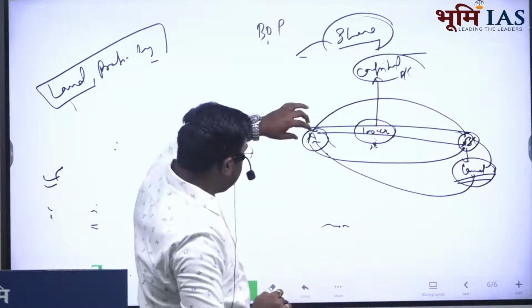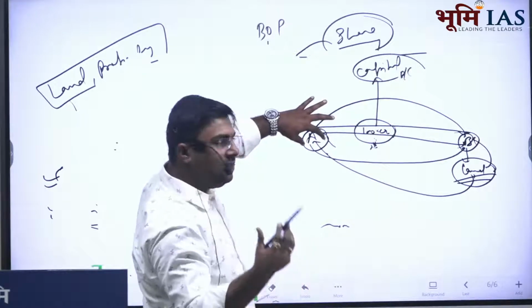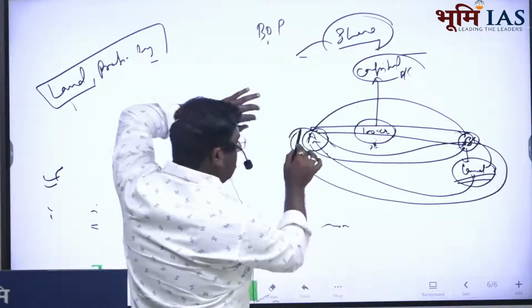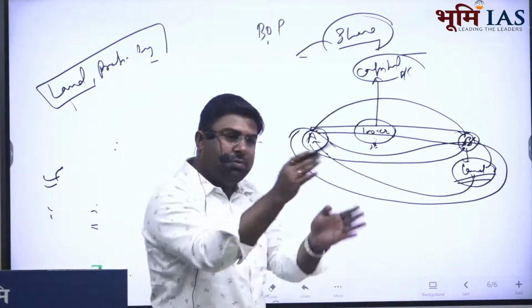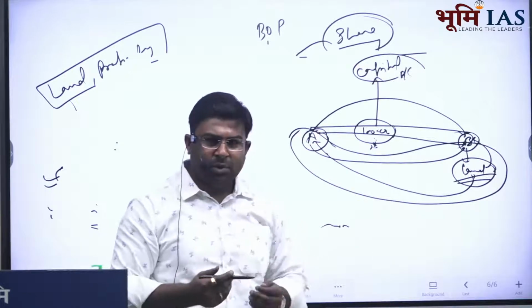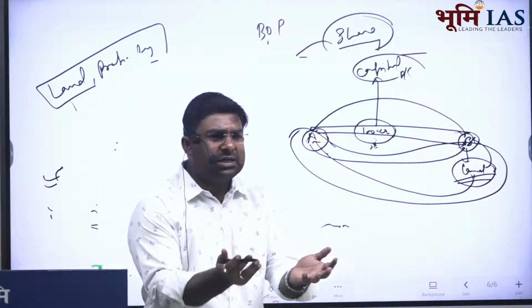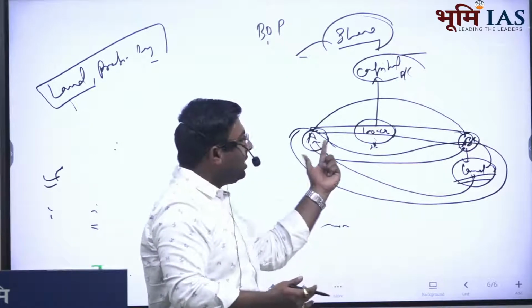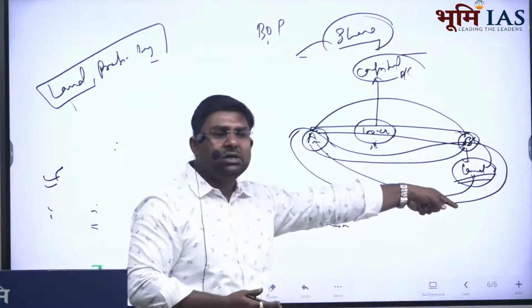So, can you suggest a specific word for this particular phenomenon? Shift in ownership of an asset between two different individuals. It is selling and purchasing of an asset. यहाँ पे क्या हो रहा है? एक एसेट को ए क्या कर रहा है? खरीद रहा है बी से.